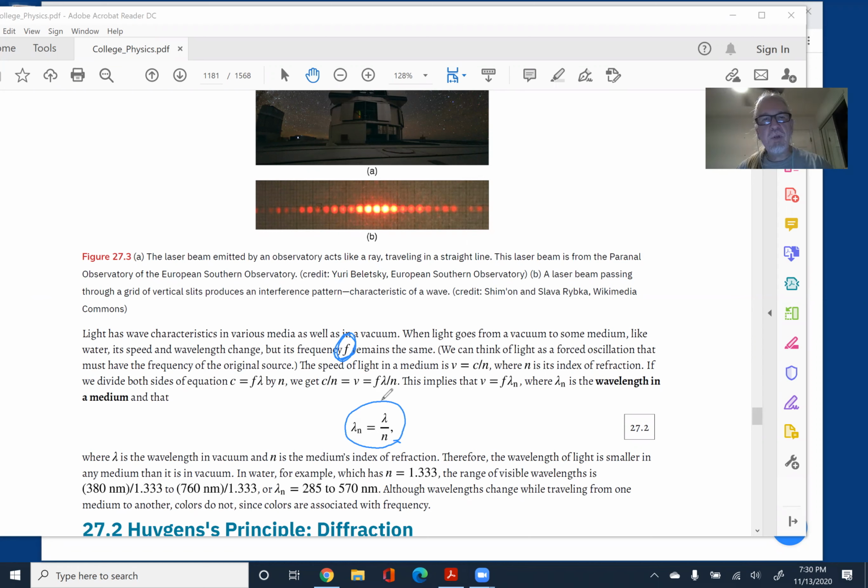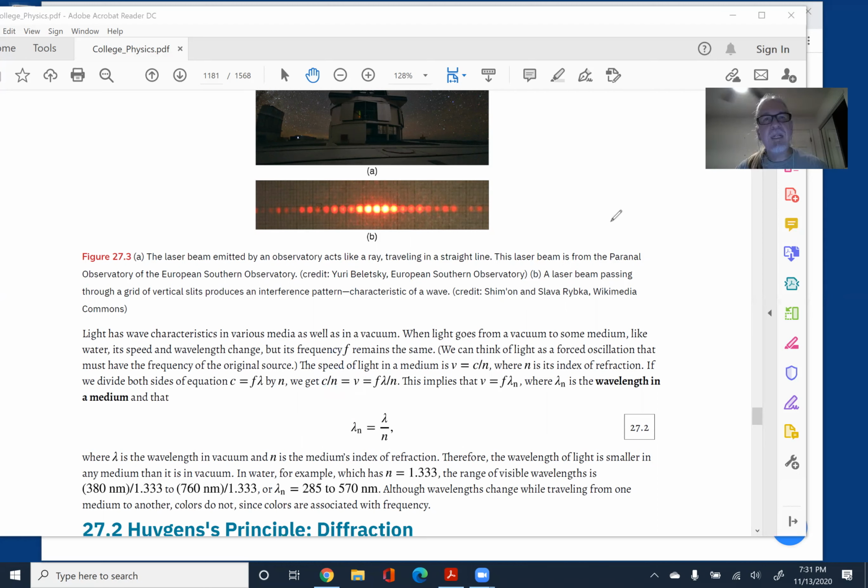And we also know that we have this relation between the speed of light in a given medium, v, the speed of light in a vacuum, and the index of refraction, n. So the speed is given by c over n, and since n is always at least 1, the speed of light in any medium other than vacuum is going to be less than c.